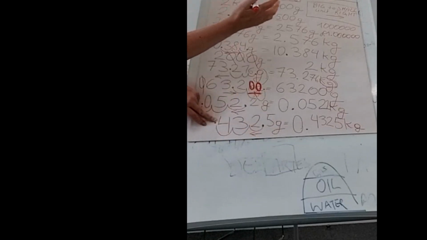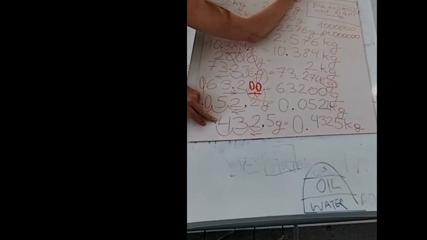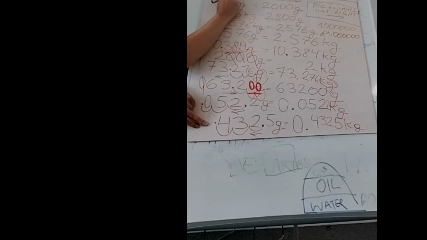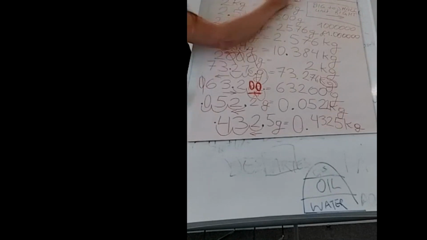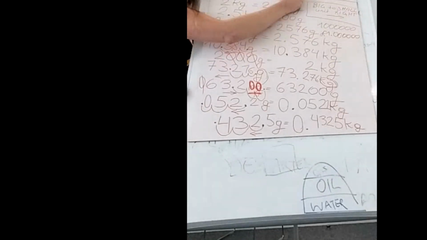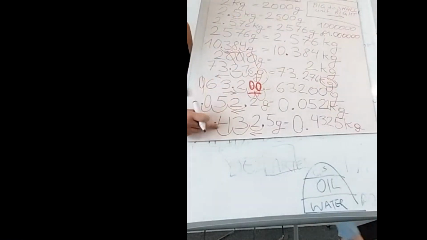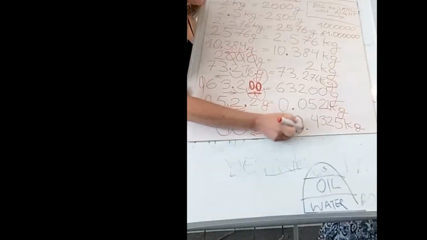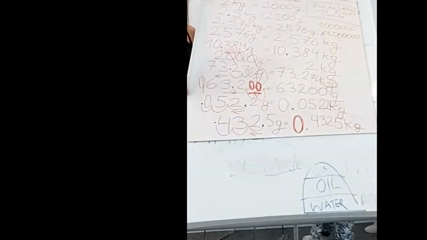If I were to ask you, 432 grams, is that a kilo? No. What is a kilo? 1,000. So this is only 400.